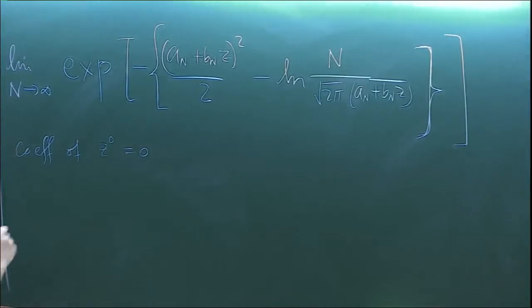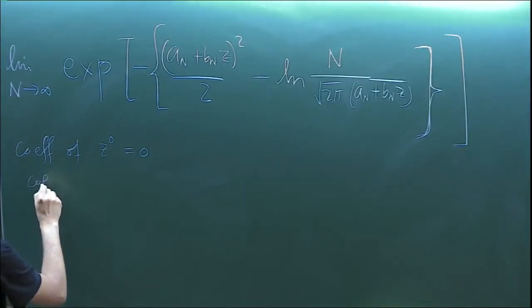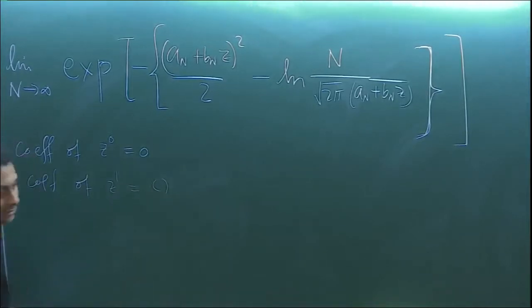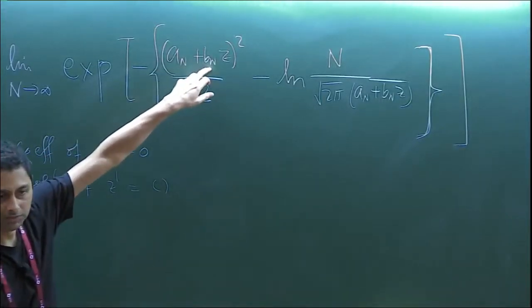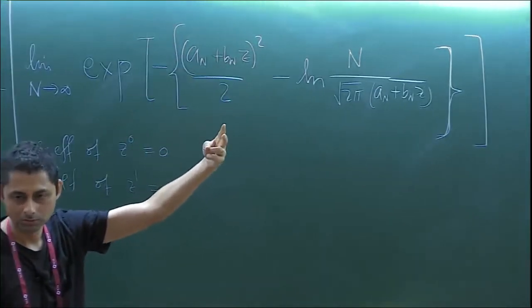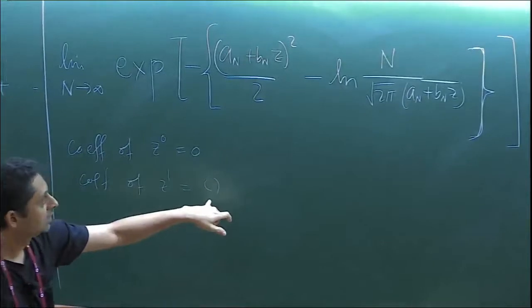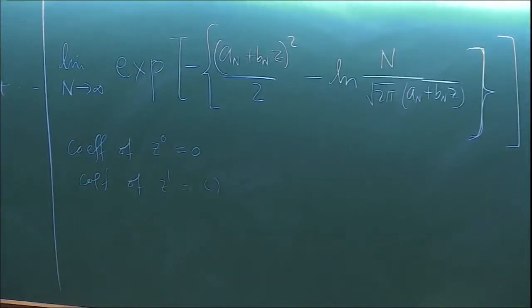Then you find the coefficient of z to the power 1. These two conditions give you conditions on an and bn. You have only two parameters, an and bn, so these two conditions are sufficient.